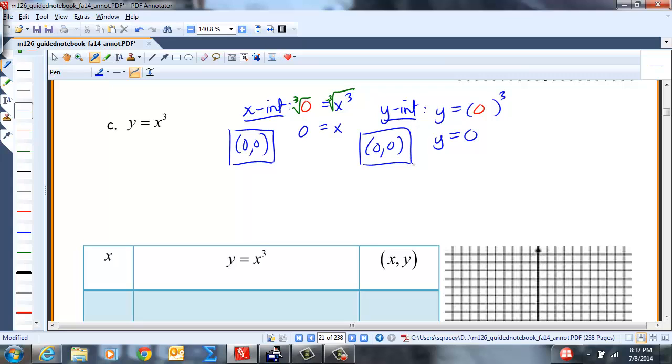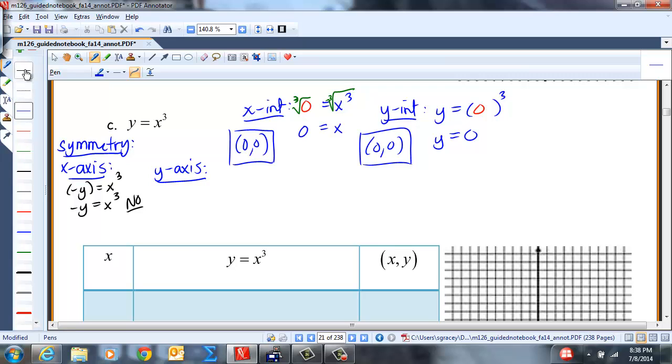So symmetry, let's check it out. So x-axis, replace y with negative y, see if we get the same thing, and we do not. The y-axis, we replace x with negative x and see if we get the same thing.